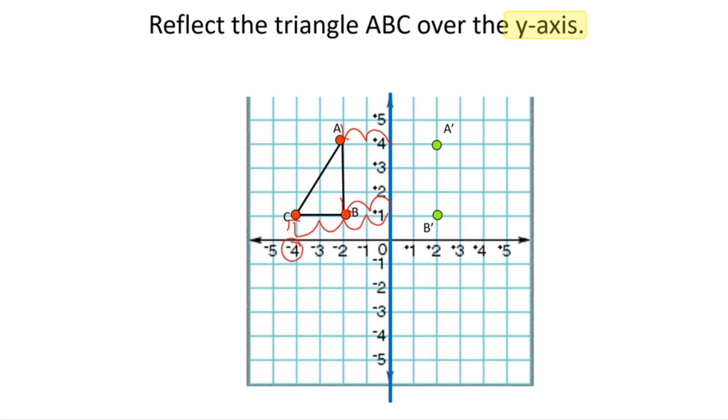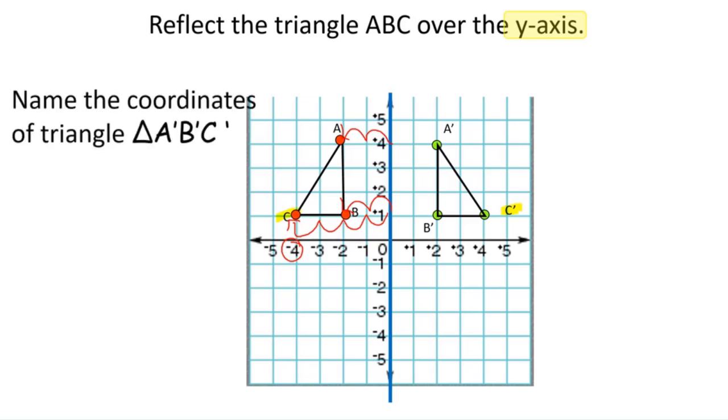So we're going to flip it across the axis and put it at +4. So now notice when we sketch our triangle, it has flipped and is facing the opposite direction. Notice that C prime, which was the bottom left corner, is now the bottom right vertex of our triangle.